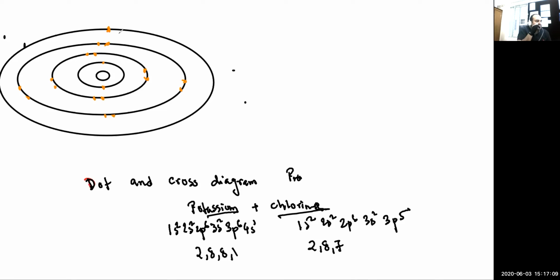Sahat, where's Sahat? Yes, sir. Third shell can hold up to how many electrons? 18. Why is there only 8 electrons in the third shell here?